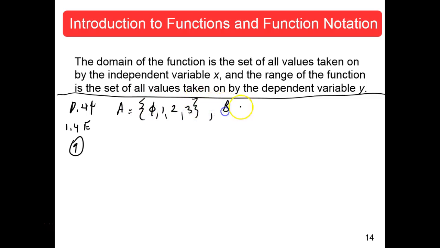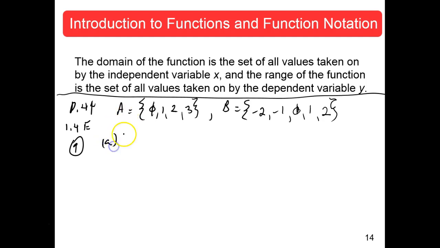And B is the set -2, -1, 0, 1, and 2. Now, what do we call set A? Domain, exactly. And what do we call set B? The range. And here are 4 options.